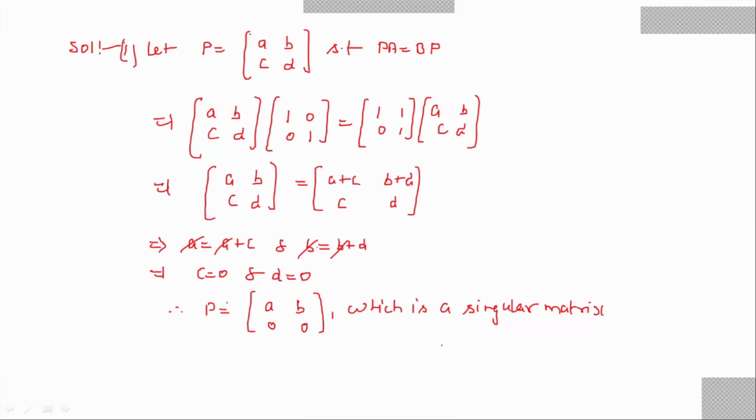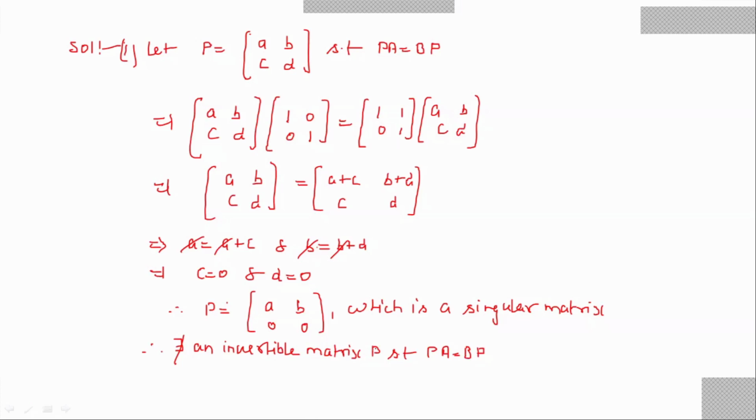Okay, so if it is a singular matrix, it means it is not invertible. So therefore, there does not exist an invertible matrix P such that PA is equal to BP. Such an invertible matrix does not exist.